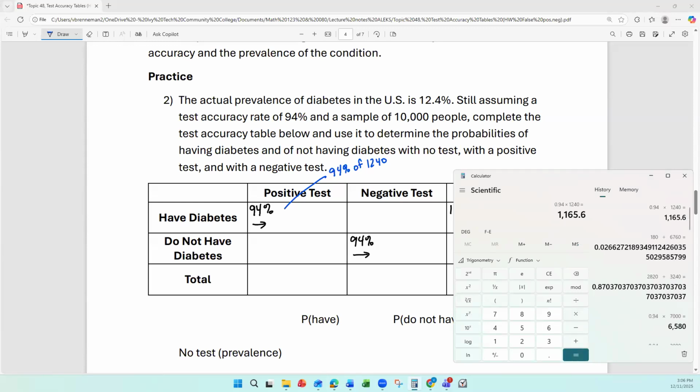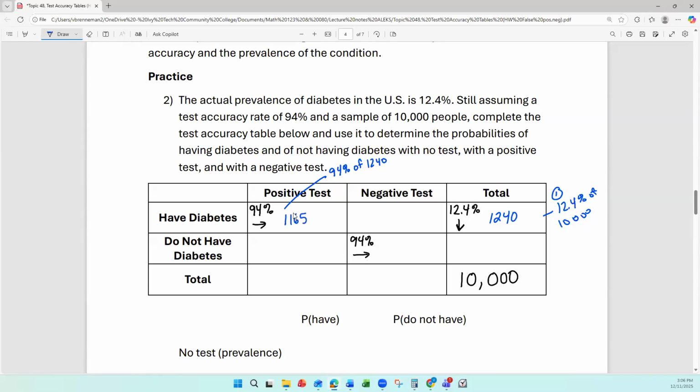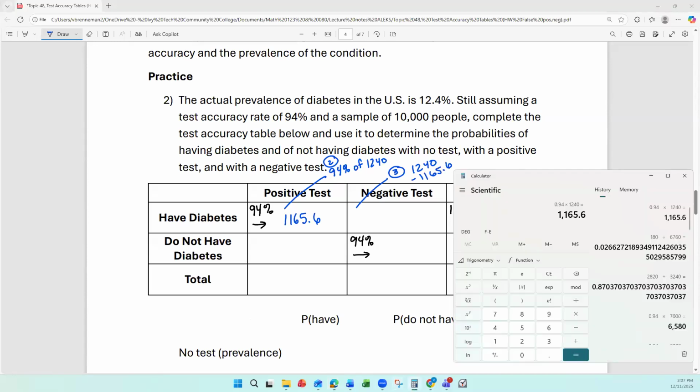Now, do not round, keep all digits. So we'll leave this as 1,165.6. And then we can find the rest of that row. So the rest of the 1,240 will get negative tests, which is 74.4.